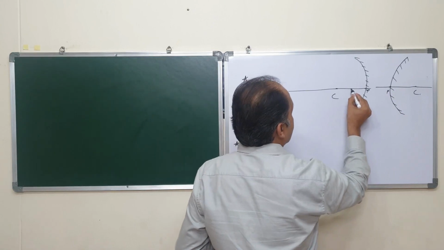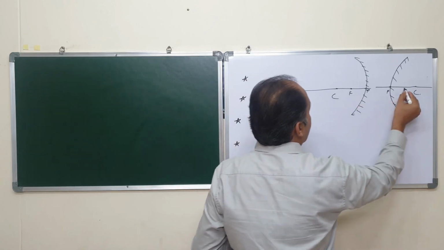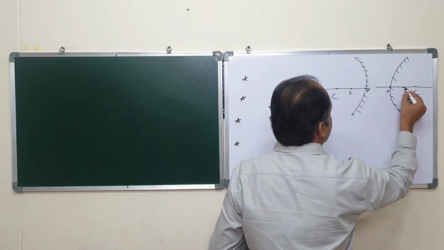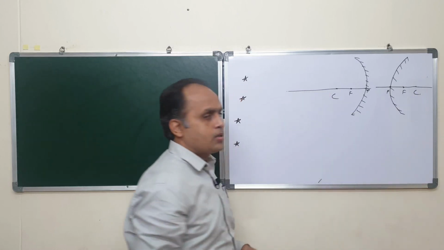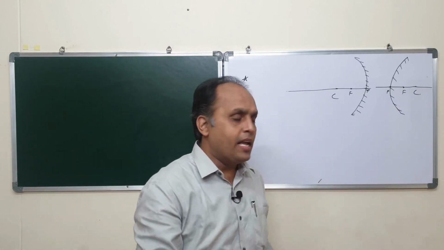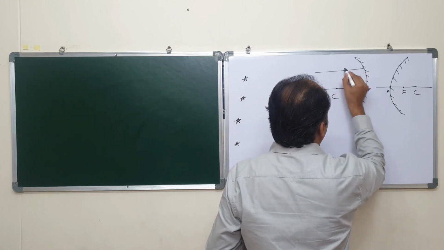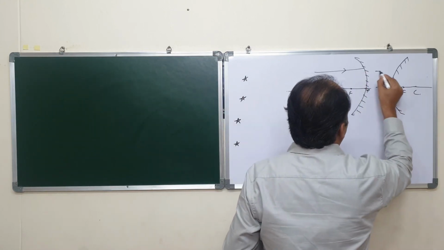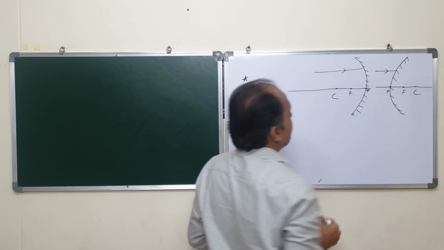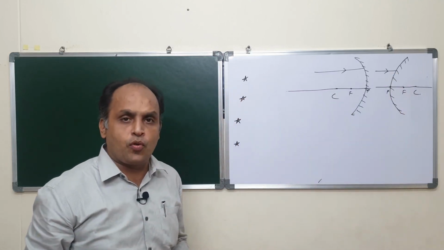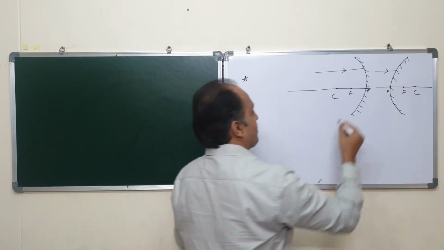Marking its focus here. I am marking its focus here. So, as I said, the first rule: any ray of light which first passes parallel to the principal axis, after reflection either actually passes through the focus or appears to diverge from it.